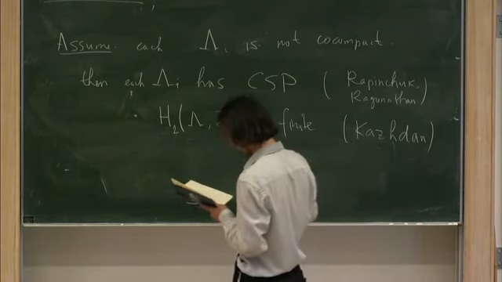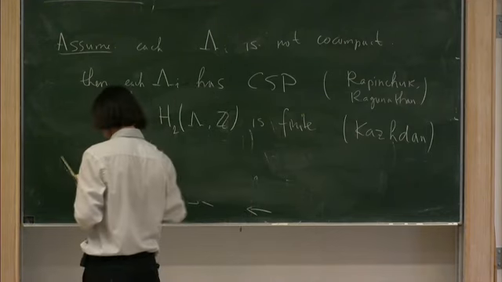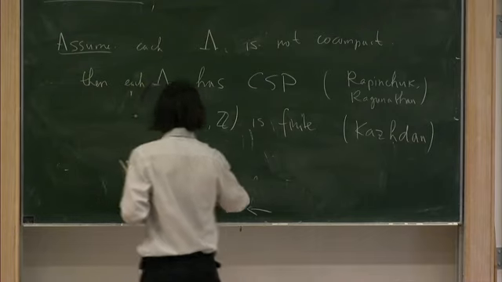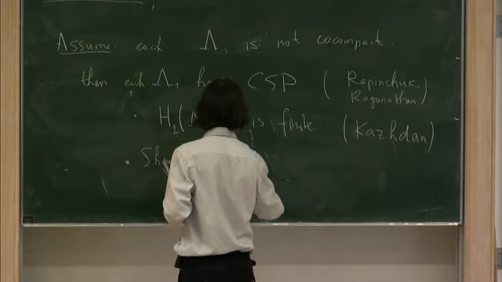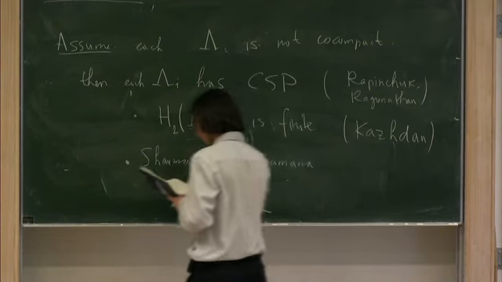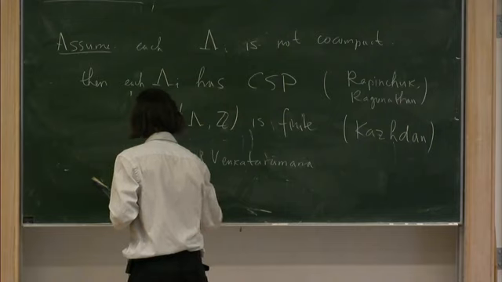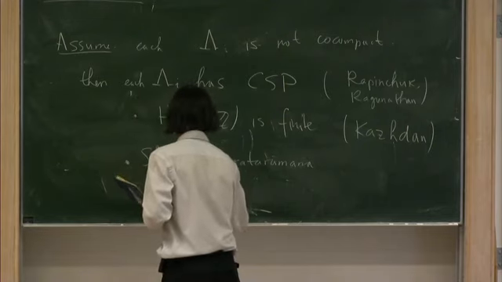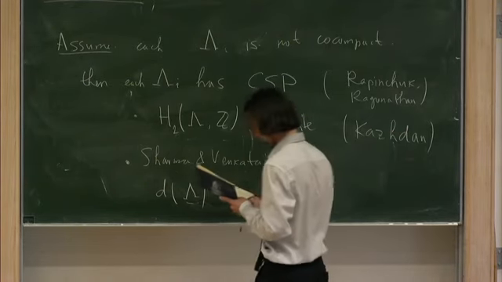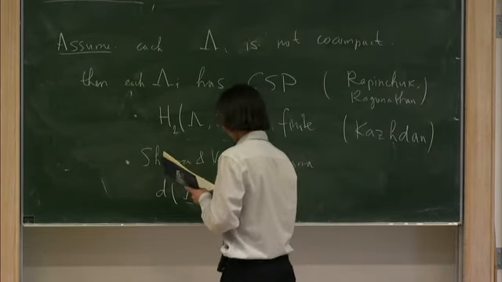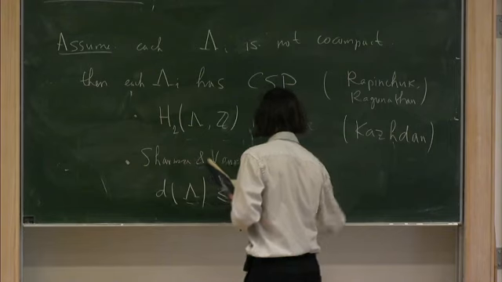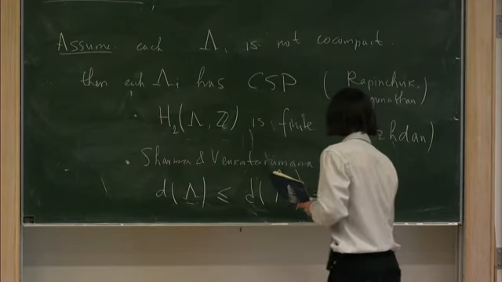Okay. There's another very key result here, a result by Sharma and Venkataramana, which says that the number of generators of a non-uniform lattice here is at most the number of generators of the profinite completion plus 3.